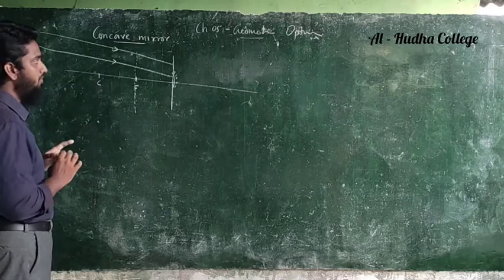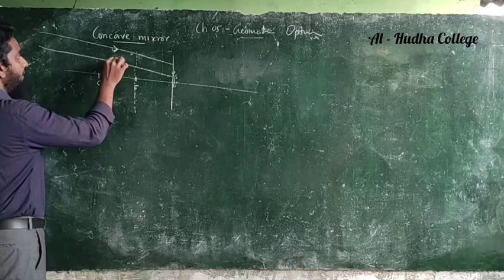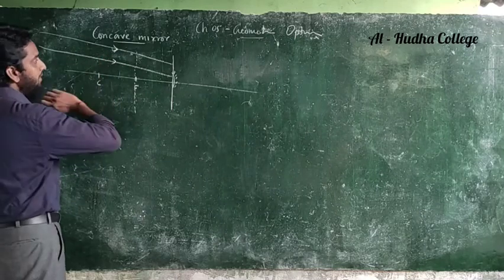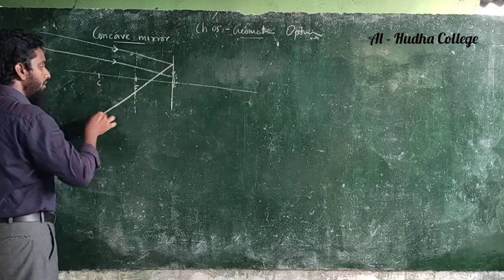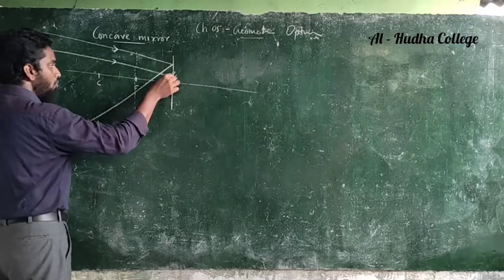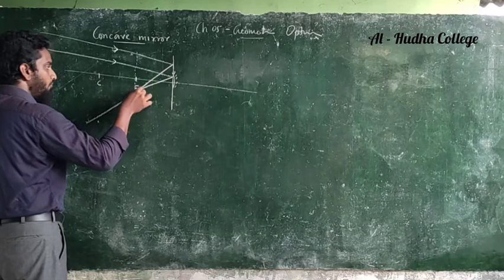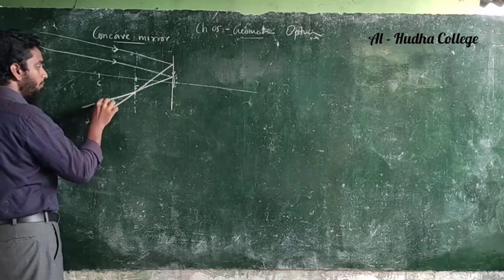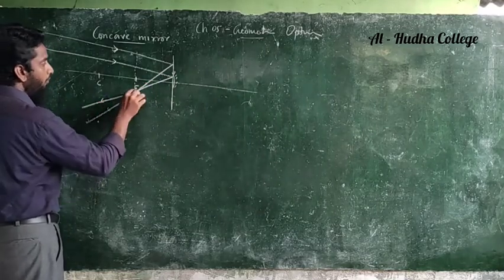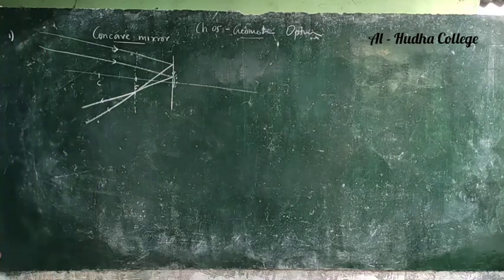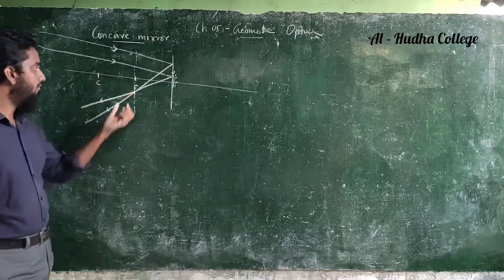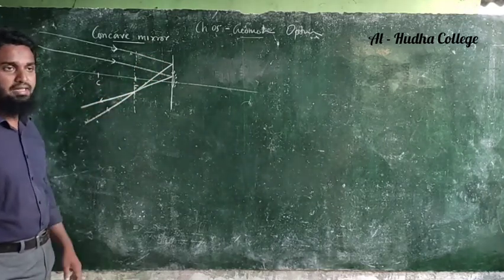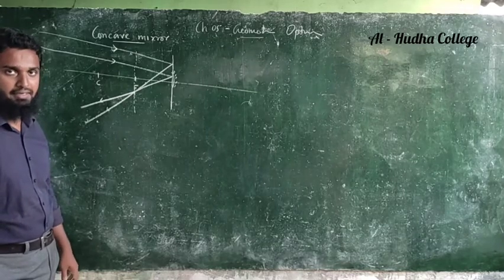The rays which come parallel to each other, after the reflection, will go through a point in the principal focal plane.